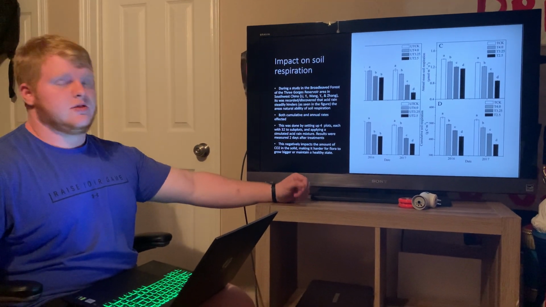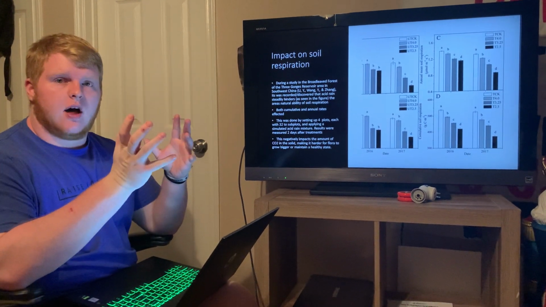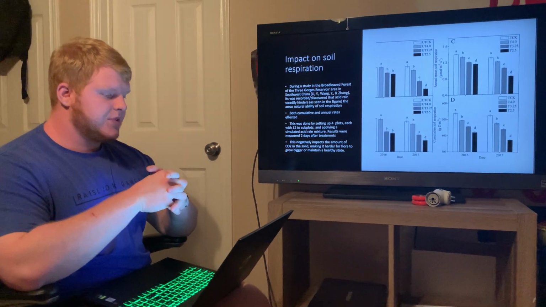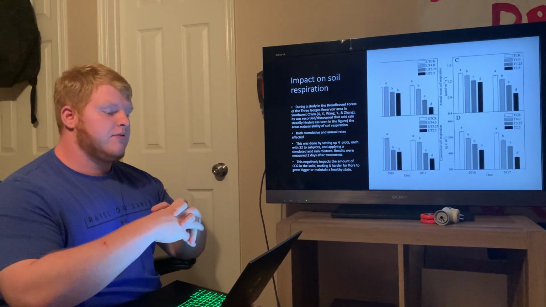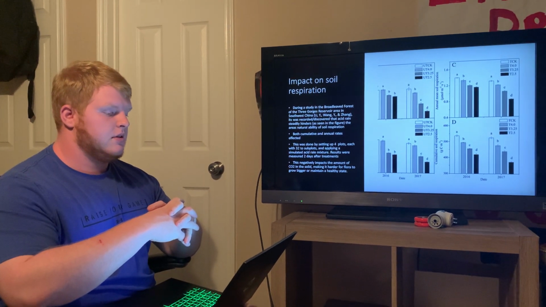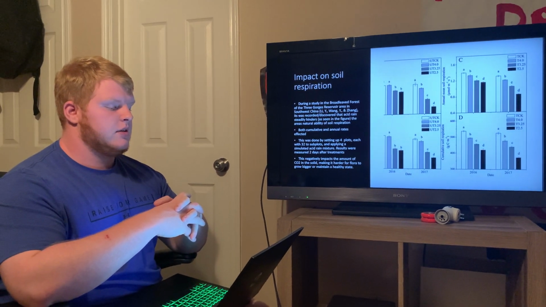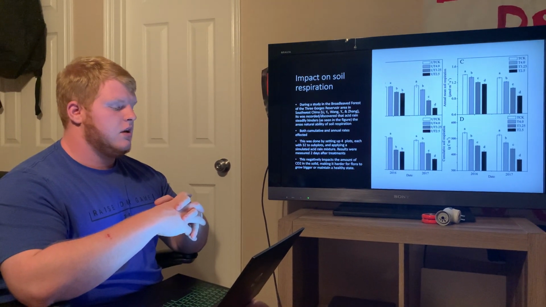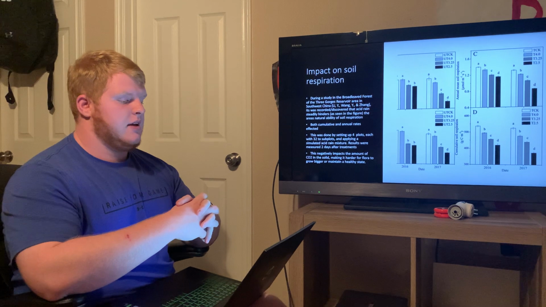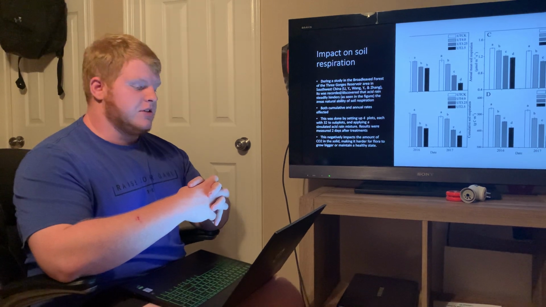All right, impact on soil. This is starting to be where acid rain impacts flora and vegetation. During a study in the broadleaf forests of the Three Gorges Reservoir area in southwest China, Li Wang and Wai Zhang recorded and discovered that the acid rain steadily hinders the area's natural ability of soil respiration.